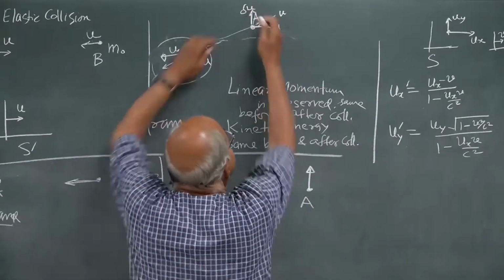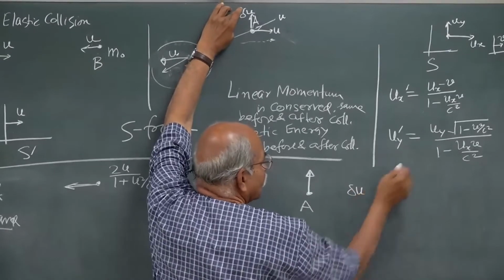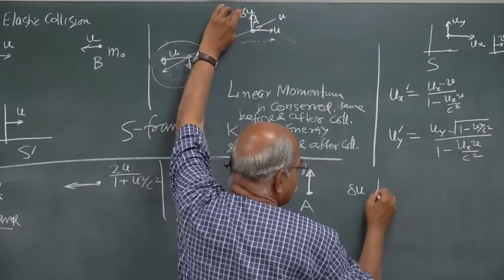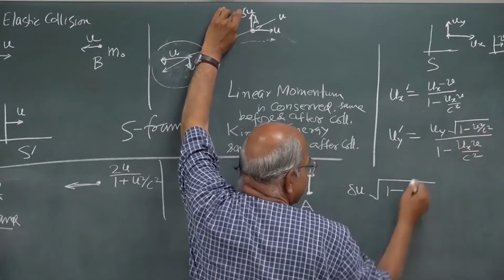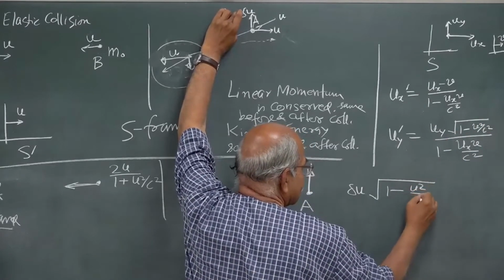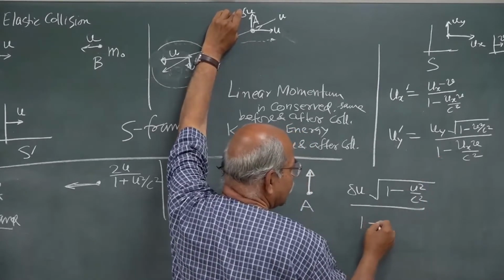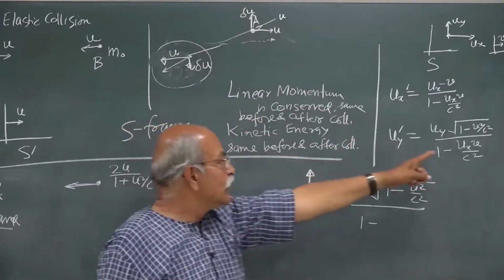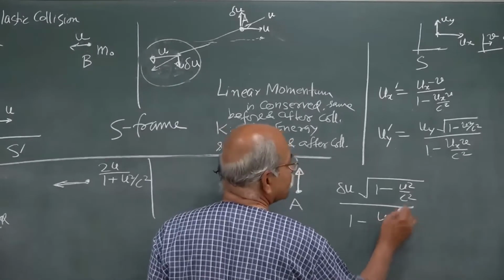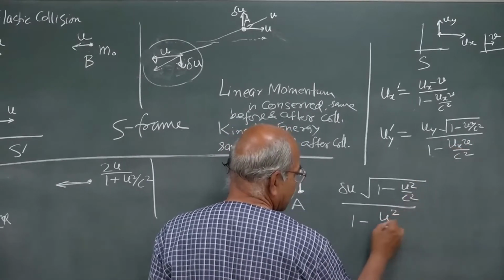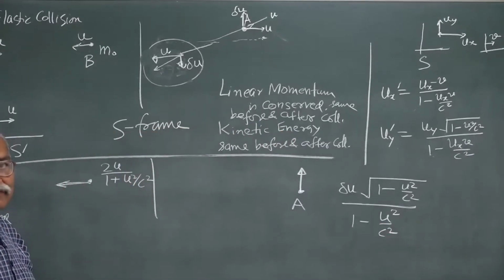So this will be uy, that is delta u, multiplied by the square root of 1 minus the frame velocity v, that is u squared by c squared, then divided by 1 minus ux, so it is minus u times the frame velocity again u, divided by c squared.